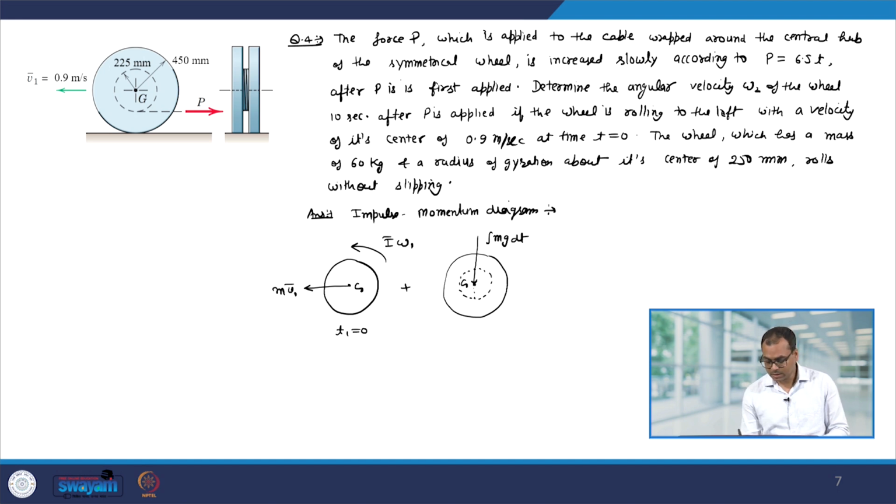And to balance this there will be a normal force, that will be integral N dt, and we are applying an external force, so the impulse will be P dt. Also there will be frictional force, the rolling resistance, that is equal to, let us say, F dt. And because of that we have the final situation.